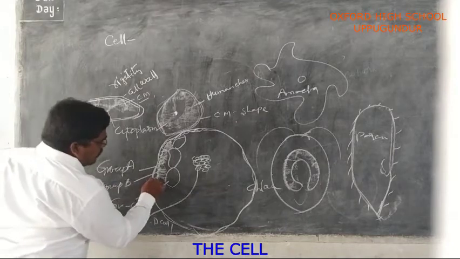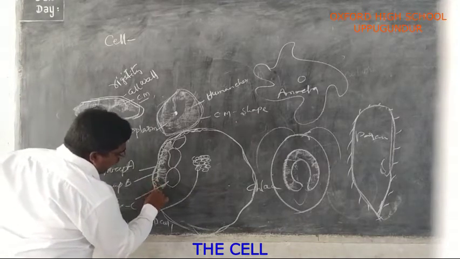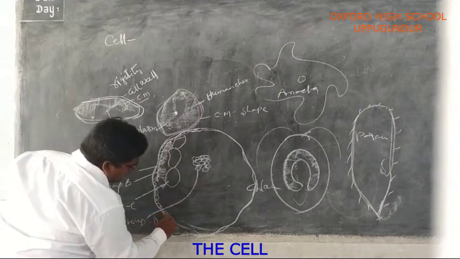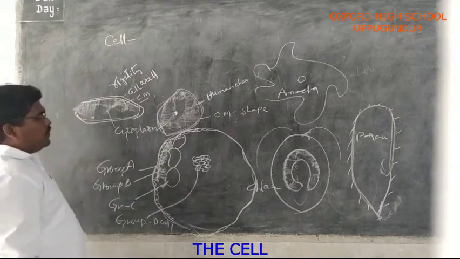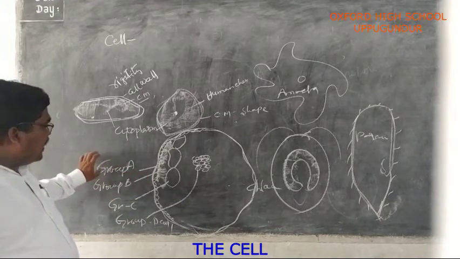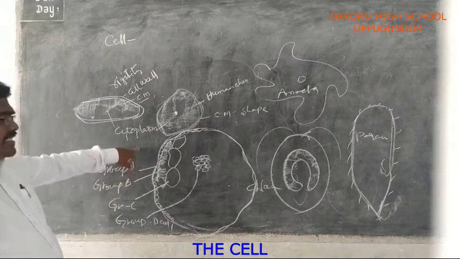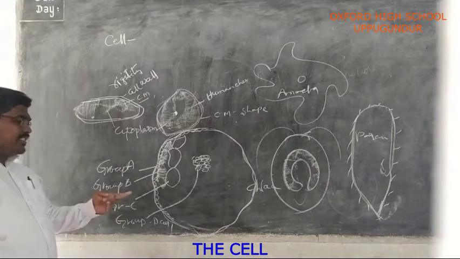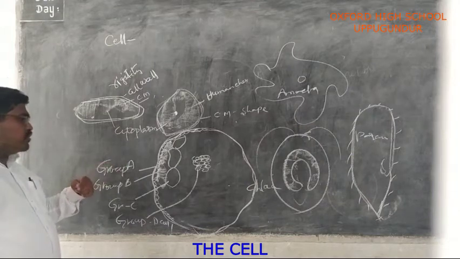First, group A cells form the outer covering of the stem. For this activity, we have to take a grass leaf, cut the stem portion and observe it under the microscope.